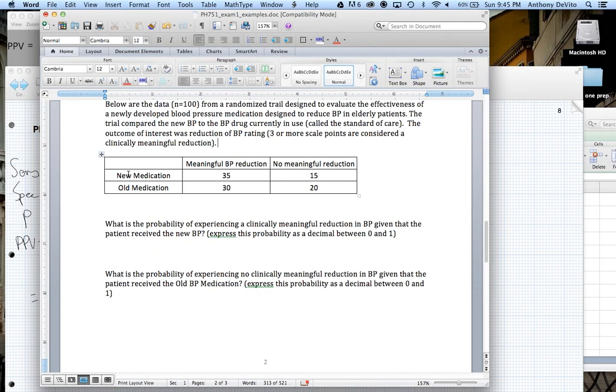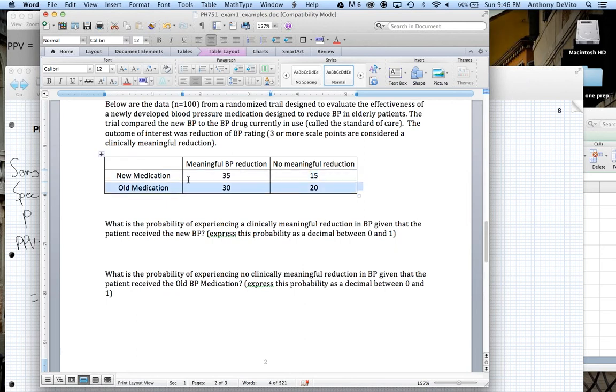So this is what we got here. We got the old medication and a new medication. The new medication, okay, we got meaningful blood pressure reduction in 35 patients, and no meaningful reduction in 15 patients that took the new medication.